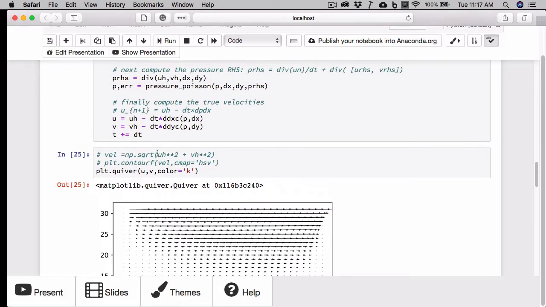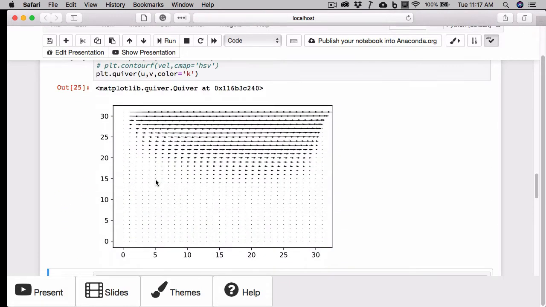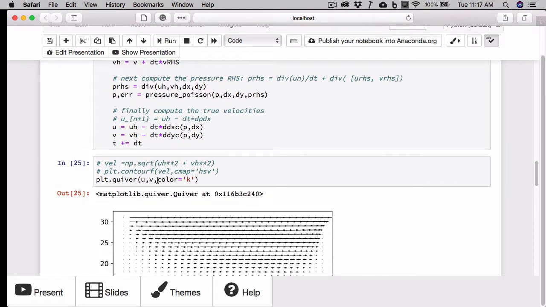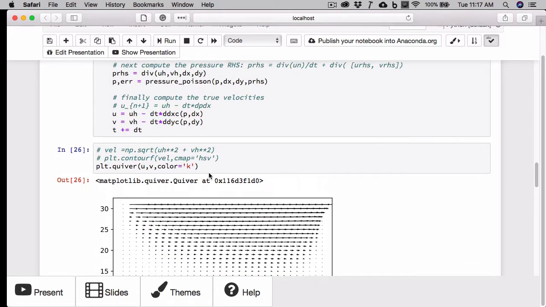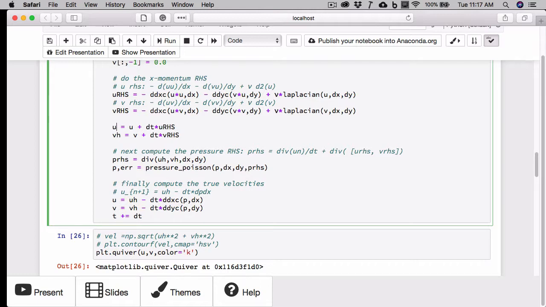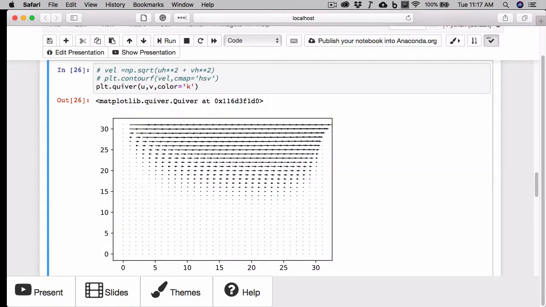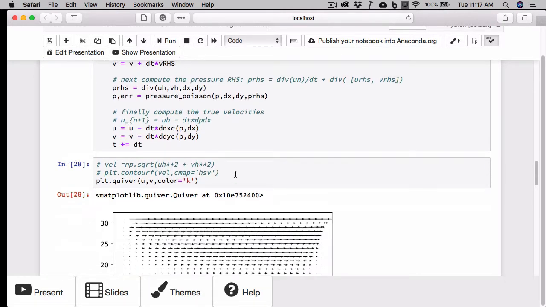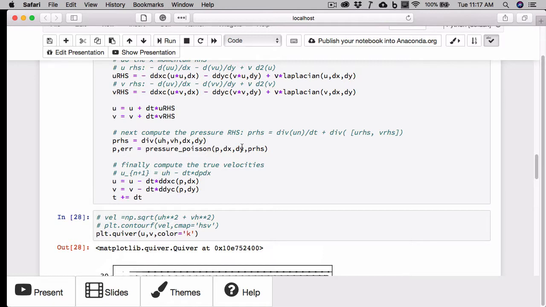Okay, still wrong. What is going on here? This doesn't make sense. Okay, so it looks like we don't have a pressure being solved here.